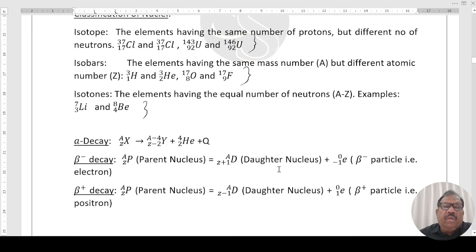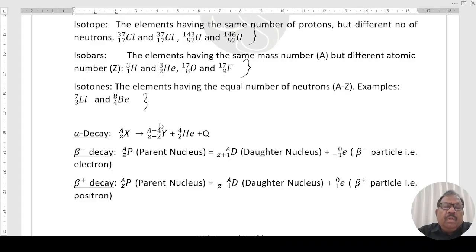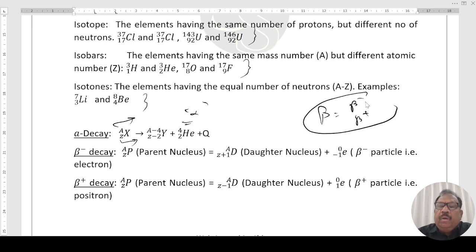And what happens in alpha decay? In alpha decay, the helium nucleus is emitted, so the mass number is reduced by 4 and the atomic number is reduced by 2. What is beta decay? Beta decay is of two types, beta minus and beta plus. If nothing is stated in the question, you have to consider beta minus.